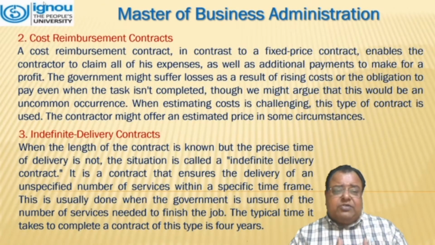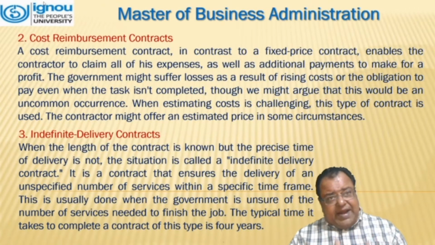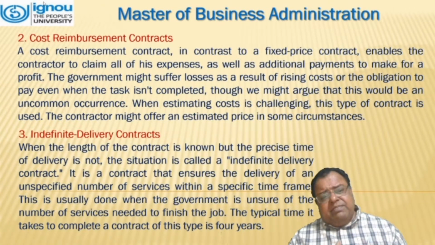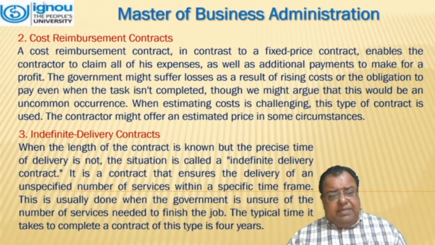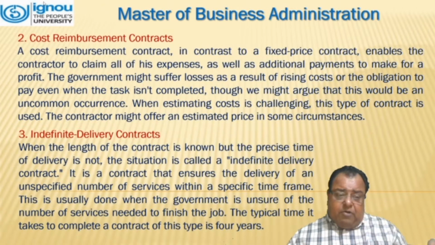Second one is cost reimbursement contracts. A cost reimbursement contract, in contrast to a fixed price contract, enables the contractor to claim all his expenses as well as additional payments to make for a profit.